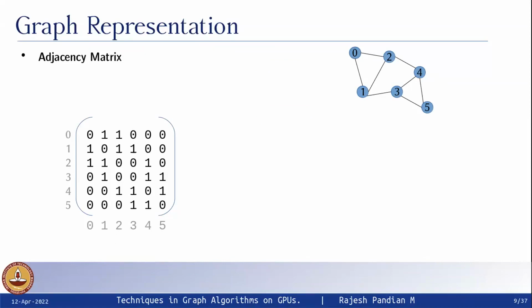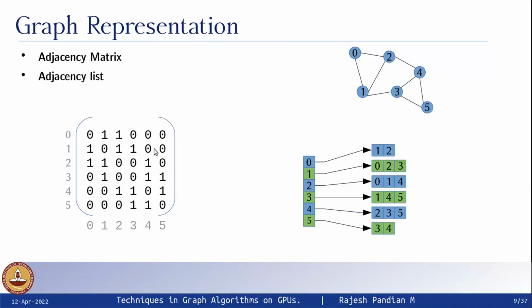Here we have taken an undirected graph, so the matrix is symmetrical. If it was a weighted graph, then we would have weights instead of the ones here. As we can see, there are a lot of zeros in the adjacency matrix, which we do not want. So the next representation is to just throw out all the zeros and store only the essential information.